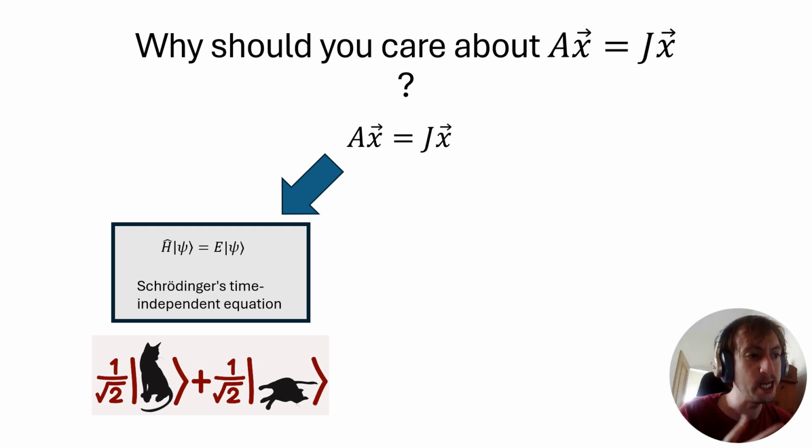And E is the eigenvalue telling you the energy associated with that particular state. And because we're dealing with time-independent states, they would be states which are classical, at least in terms of having well-defined energy.